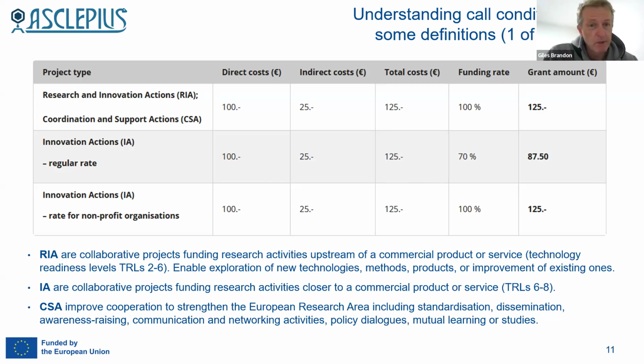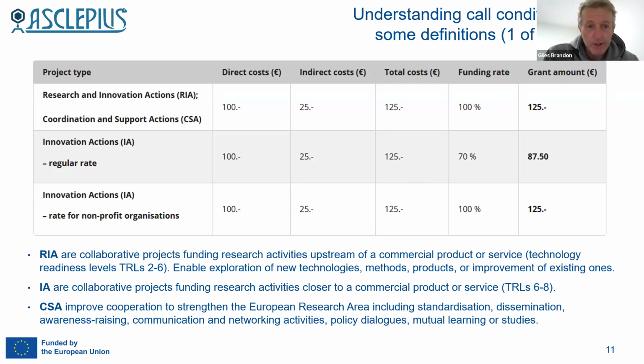And by indirect costs, we mean essentially overheads. We're just going to take a very simplified approach. We're not going to expect you to account for your overheads. We're just going to say, here you go, here's 25 euros. So for every 100 euros of direct costs, 25 euros of indirect costs gives a total cost of 125.